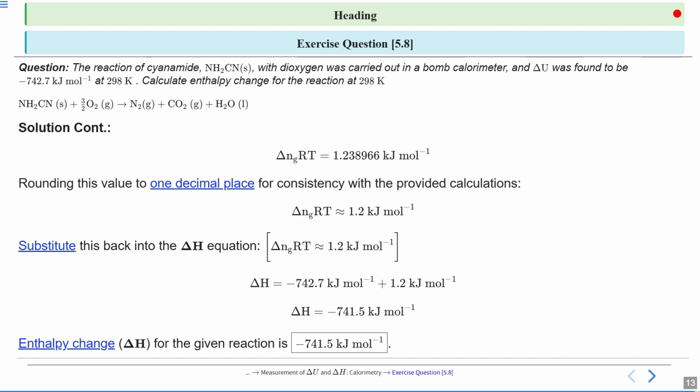We first started from the principle that whatever heat is dissipated by the system is absorbed by the liquid. The liquid is kept such that its heat capacity is known, and the second thing is that the liquid is not allowing any heat to dissipate from the system to the surroundings. It is stopping it there. Next, for the bomb calorimeter case, we calculated the Q with the help of the heat capacity, the mass of the substance that we have taken, and the temperature change.